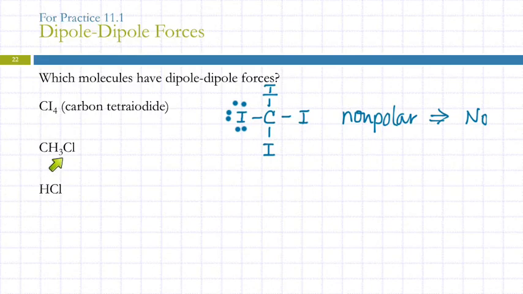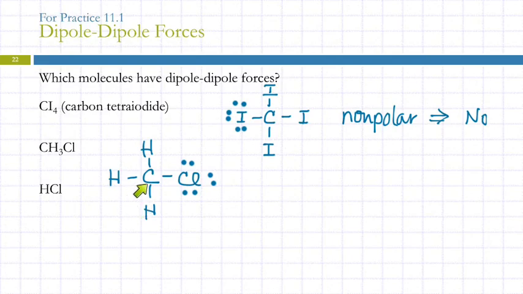How about CH3Cl? So that's carbon in the middle. Now we're going to have a chlorine over here, and a hydrogen, and a hydrogen, and a hydrogen. And that chlorine is going to end up with lone pairs. Again, the carbon's going to make the 4 bonds. It's going to have the 3 hydrogens and the chlorine. Is this a polar molecule? It is.